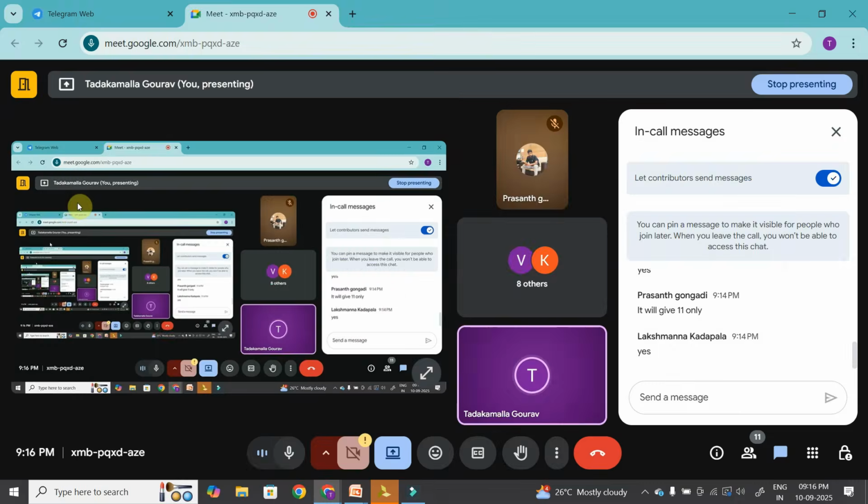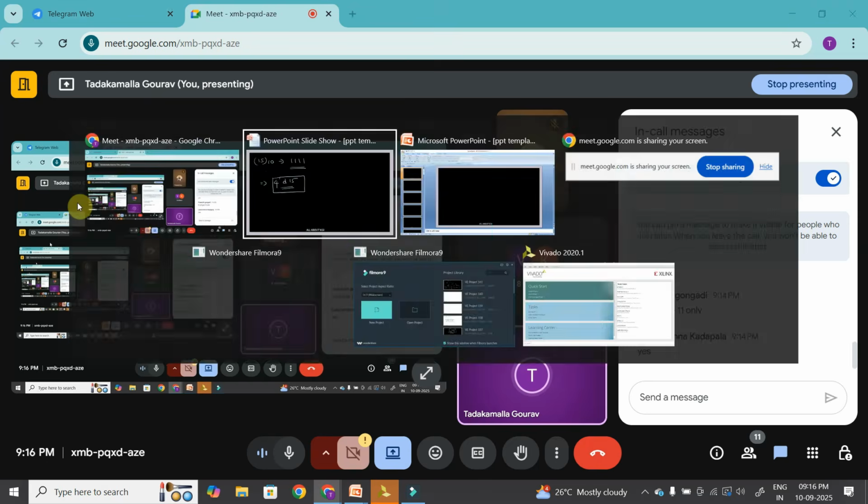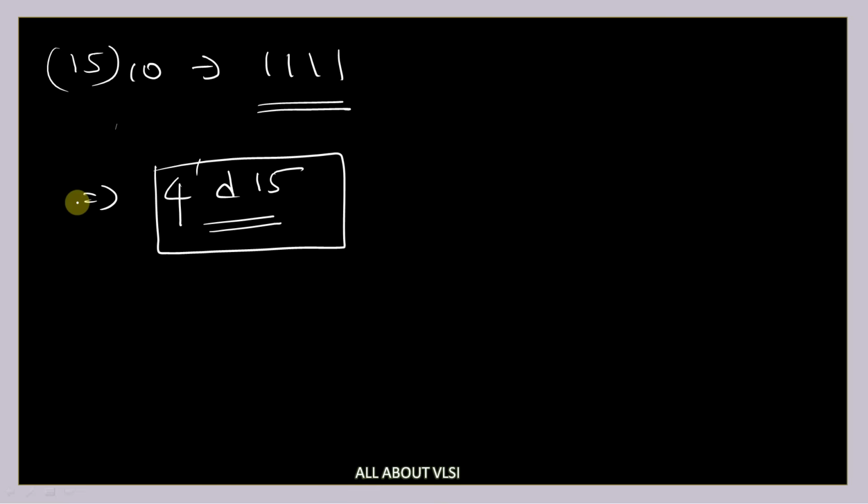Now, if you want to represent a decimal number, let's say 15, how to represent it? Same process. You need to mention the size, or you can also provide more bits than you need. Like you can also write 32'd15 or 64'd15.